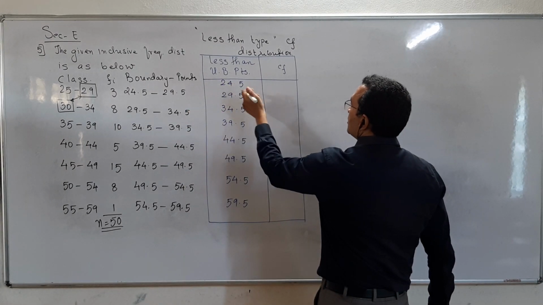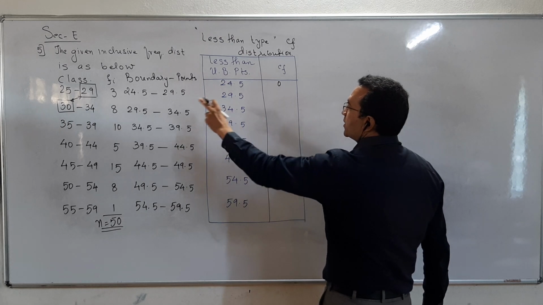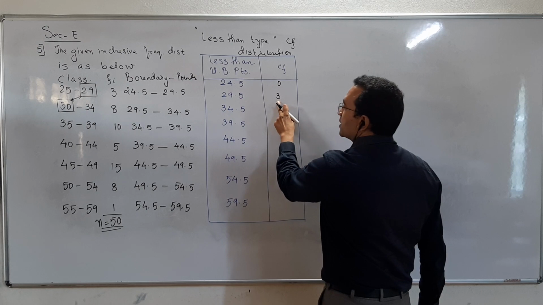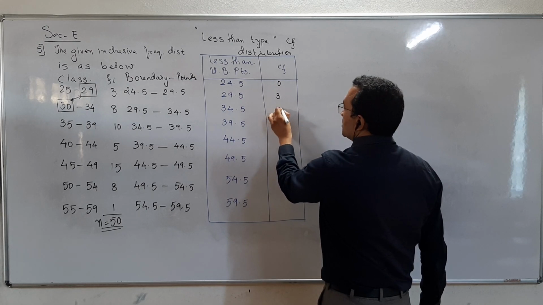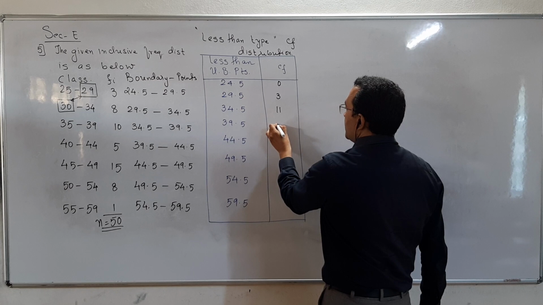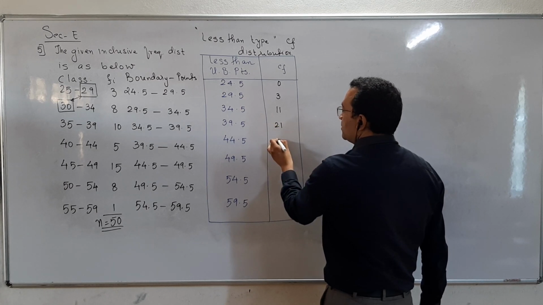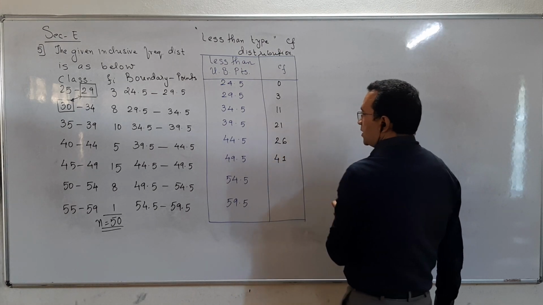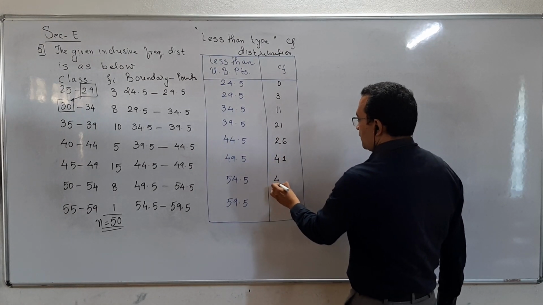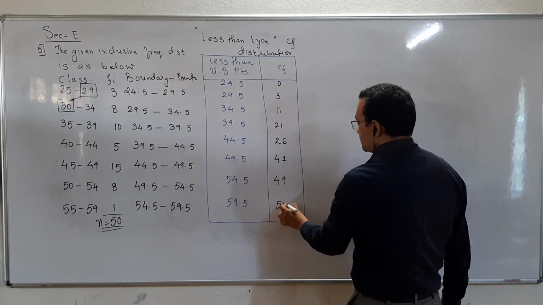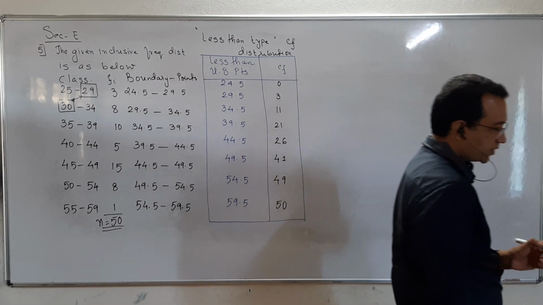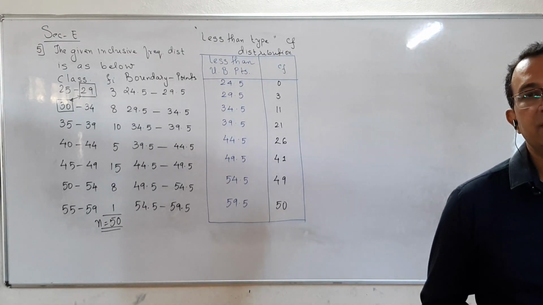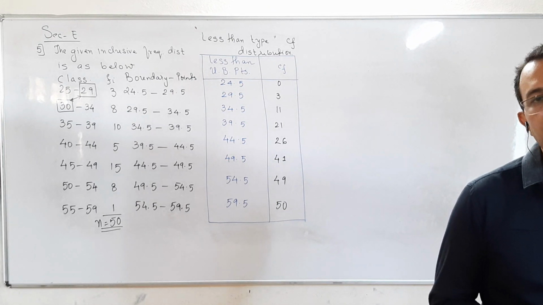For less than 24.5, the cumulative frequency is 0. Then 0 plus 3 is 3. 3 plus 8 is 11. 11 plus 10 is 21. 21 plus 5 is 26. 26 plus 15 is 41. 41 plus 8 is 49. 49 plus 1 is 50. So in less than type, we start with 0 and end with the maximum.